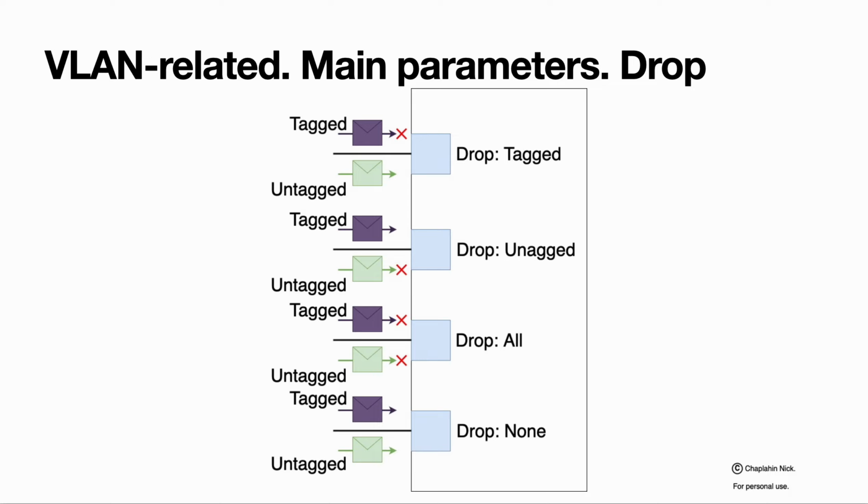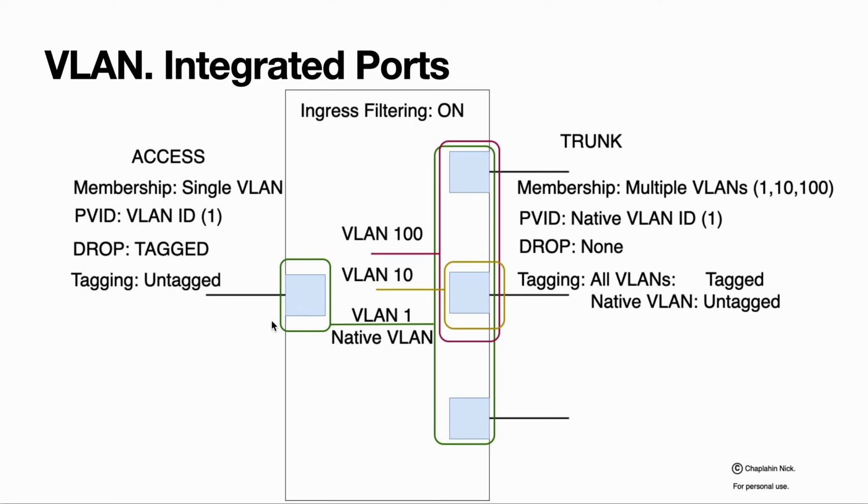In the case of access, the port can be a member of only a single VLAN. PVID automatically equals the ID of this VLAN, of this membership, and drop is configured to tagged. It means that when the port receives tagged frames, it will drop those, because access expects that behind this port is something that is not VLAN aware.